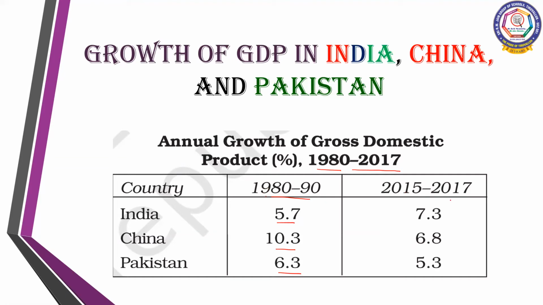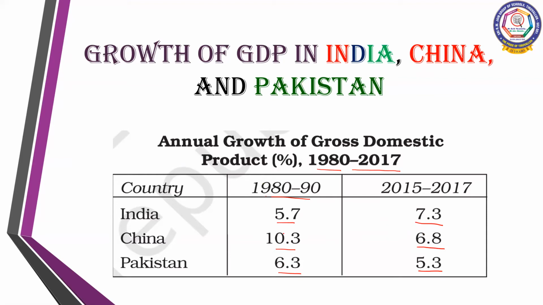The 2015 to 17 data shows that there is increased growth rate of GDP in India from 5.7 to 7.3, whereas the growth rate of China and Pakistan shows a decline, from 10.3 to 6.8 in China, and Pakistan's from 6.3 to 5.3. In the 1980s, the GDP of Pakistan is ahead of India, whereas in 2015 to 2017, there is a decline.